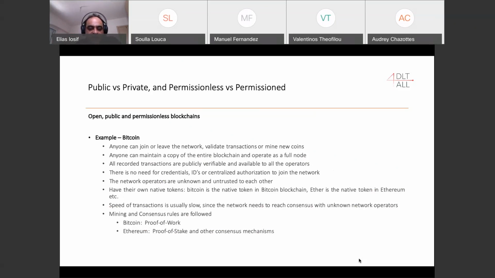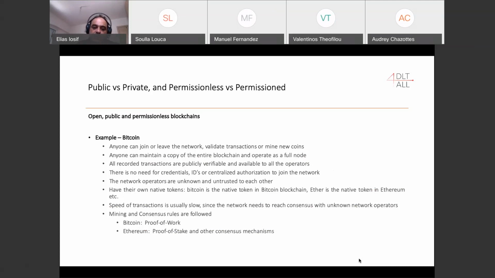Having such capabilities, all recorded transactions are publicly verifiable and available to all network participants. There is no need to apply for credentials like IDs, passports, etc. in order to join the network. There is no need to go to a central authority and present those credentials and ask for approval.